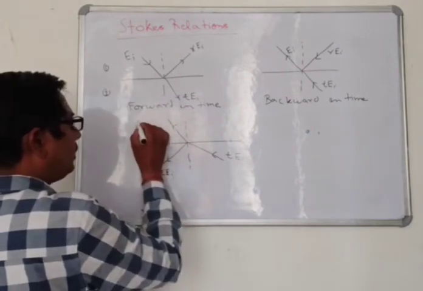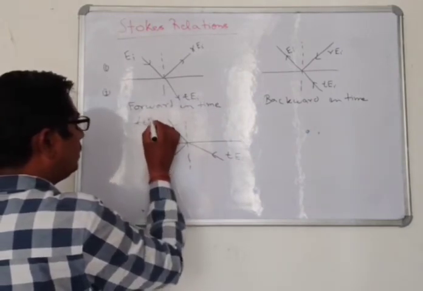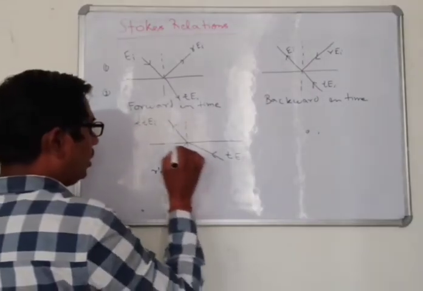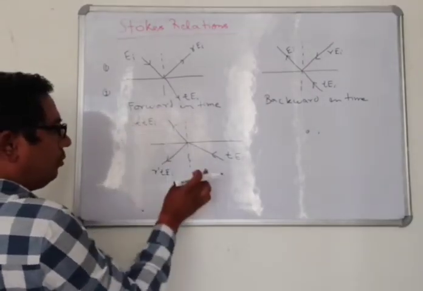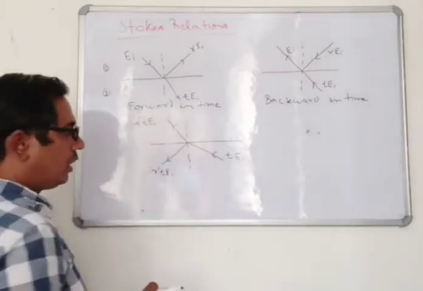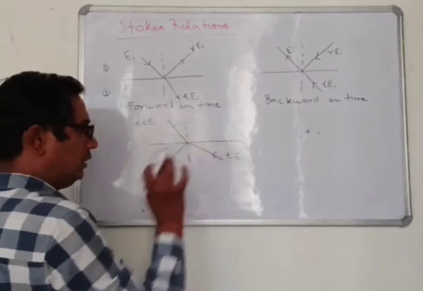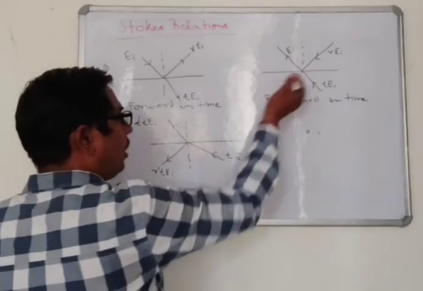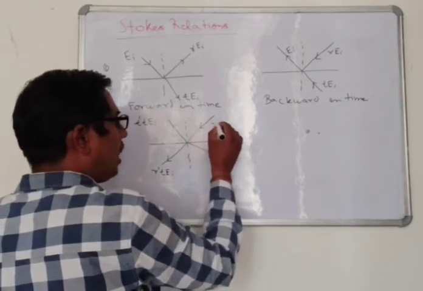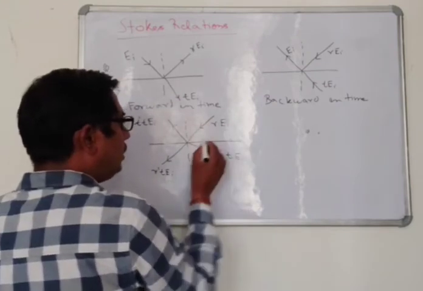Here T dash T EI, because T dash is the transmission from the second to the first medium and T is from the first to the second medium.